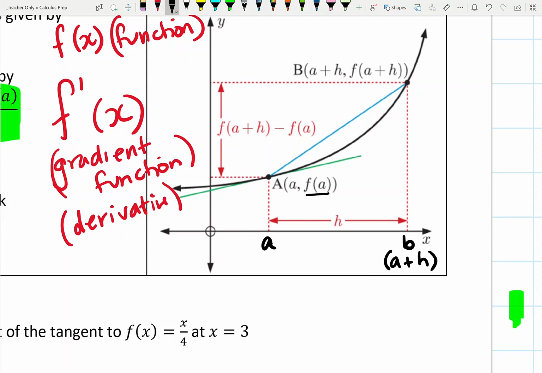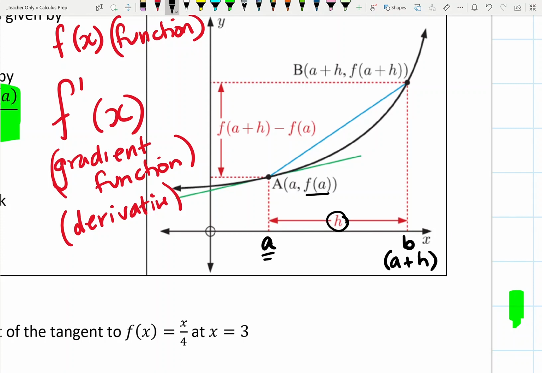And you might remember from our earlier lessons that the closer those 2 points are together, the better the chord will be as an approximation to the curve. So we've got this second point B, which we're going to call A plus h. So whatever this x value is, plus whatever this distance is, that's going to be our B coordinate.